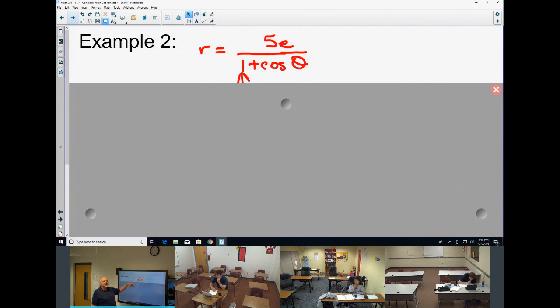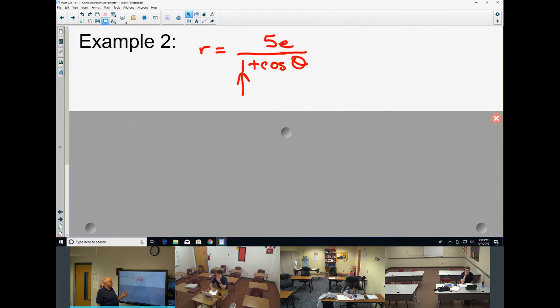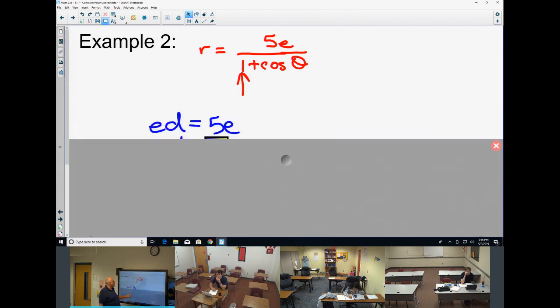Okay, if it's anything else, we're going to divide, and so we'll talk about that in just a minute. Okay, so then the next thing that I like to do is to figure out what d is. Now the numerator here is 5 times e.